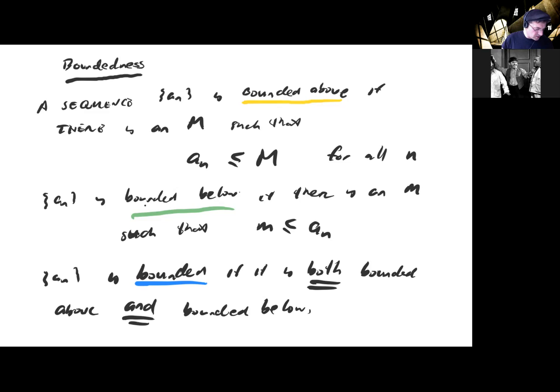So it makes sense to look at a couple of cases to get a feel for this definition. For example, let's look at the sequence 1 over n. So that's 1, 1/2, a third, etc. Every single number appearing in the sequence is never larger than 1.